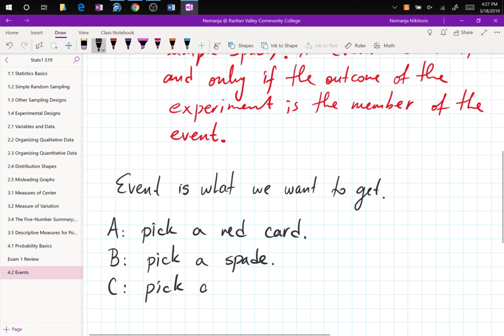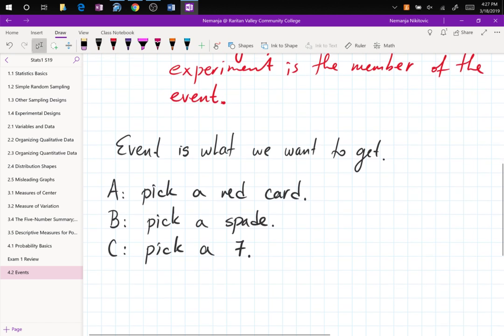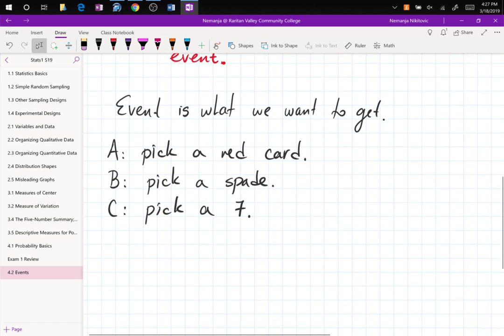Pick a 7. All right, great. So when you are thinking about all of these, these are 3 separate events.